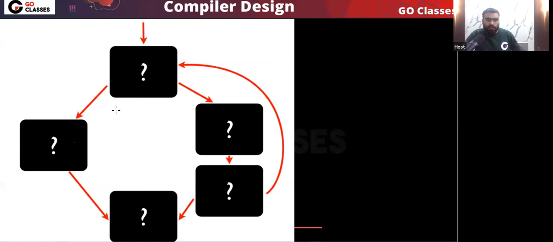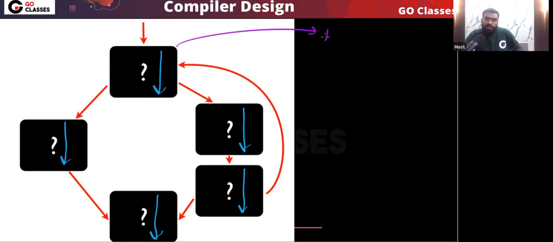Yes or no? Remember this is a basic block. In a basic block there is always a straight line flow of execution. Yes or no? So you can see these nodes are basic blocks. Let me write it here: these nodes are basic blocks, and this is also a basic block.